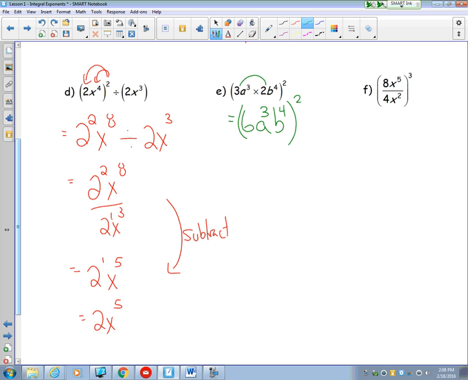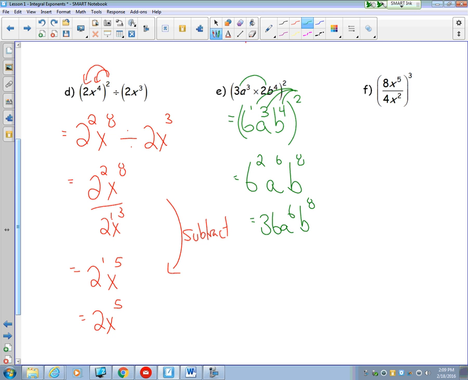Okay, all squared. What do I have to apply that exponent to? Everything inside the bracket. So 6 to the power of 2, a to the power of 6, b to the power of 8. We're multiplying, right, each one of those. There's a 1 there, don't forget. And how do I simplify this? Well, 6 squared makes 36. And that's as far as I can go with this one because my letters are now different. Different bases, I stop.